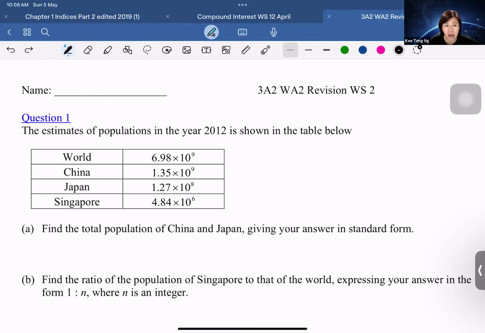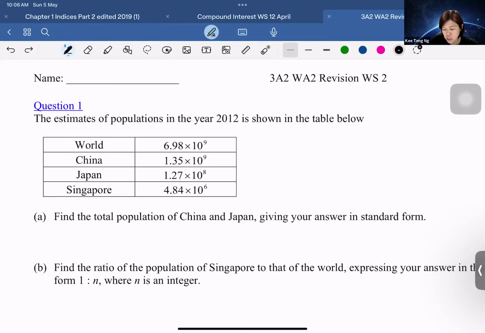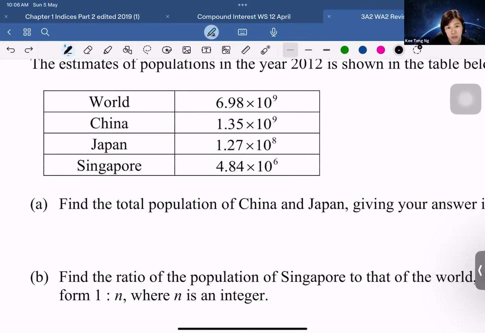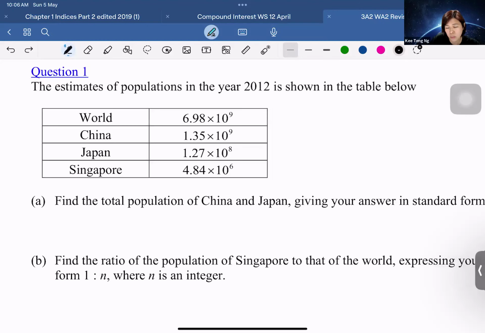Starting from question 1, the estimated population of some of the countries are given in this table below, right? So the question says, find the total population of China and Japan, giving your answer in standard form. So to get the total population, we just need to add the numbers together.